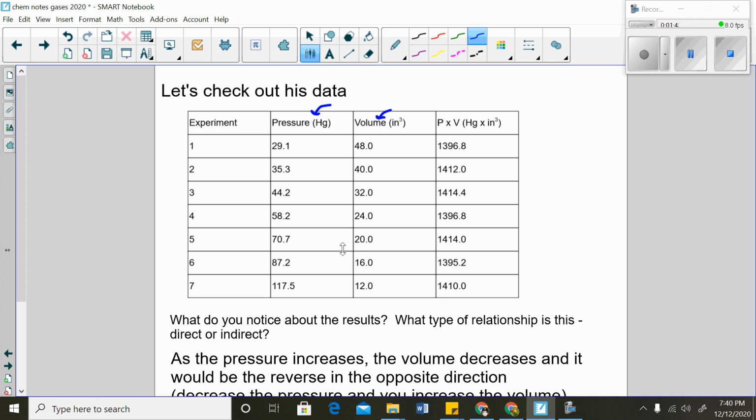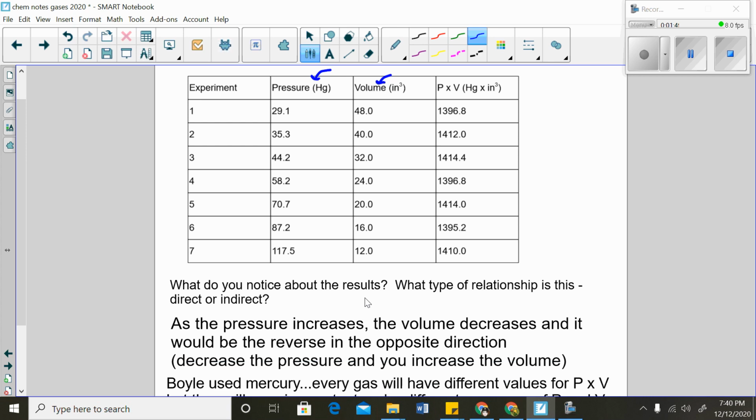What kind of relationship is this when one variable goes up and the other goes down? This is what we call an indirect relationship. As the pressure increases, the volume decreases. And it would be the reverse in the opposite direction. Decrease the pressure, and you increase the volume.